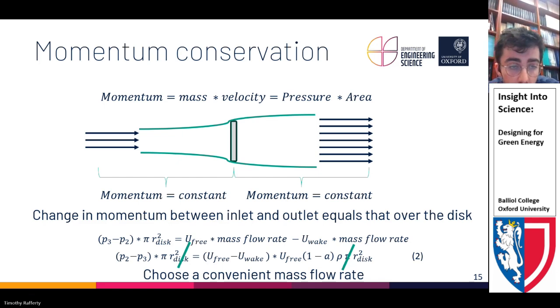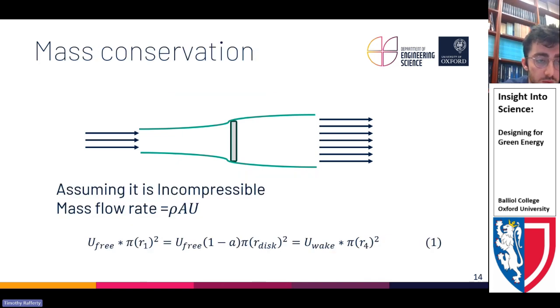I'm going to simplify what we're doing here. So we said that the mass flow rate before, if I skip back, there we go, is equal across the whole thing. So if I have the mass flow rate at one position, it's equal to a different position.